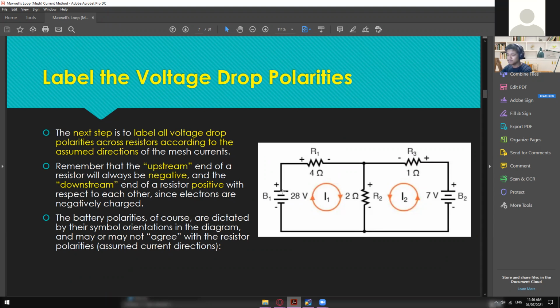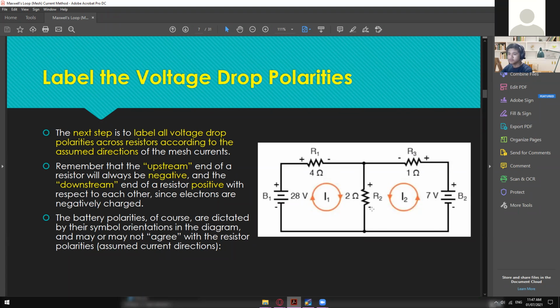Positive is the sign of this one, and then upon crossing this resistor, it will give you a voltage drop, so it will become negative. The same with this one right here will give you a negative sign. That's why we have positive and negative. The same concept applies on the right side: a positive right here and then negative below, and then positive, negative, and positive, negative.